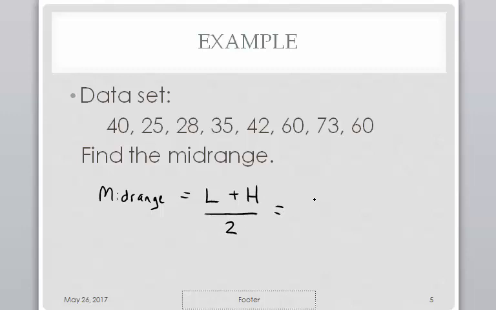We know that the lowest value in our data set is 25. And the highest value in our data set is 73. 25 plus 73 is 98. And we'll divide 98 by 2, giving us a mid-range of 49.